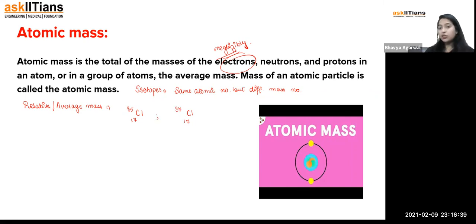Now, these two isotopes are found deeply in nature where the distribution of these elements is not homogeneous. So it's not evenly distributed in this world.